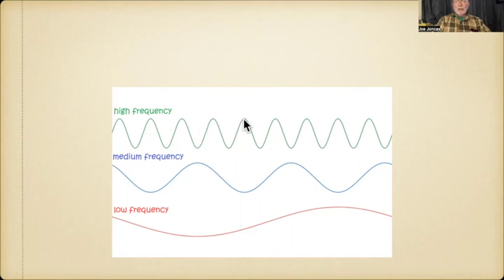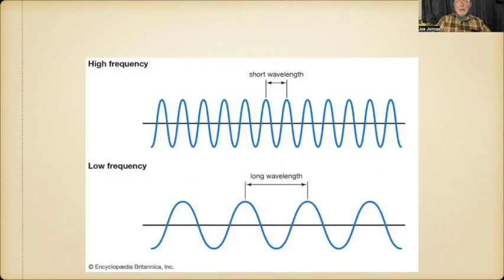And notice the time between each peak is much shorter than the medium frequency and much, much shorter than a very low frequency. So here we go again, short wavelength from peak to peak, and a long wavelength from peak to peak. High frequency, short wavelength, low frequency, long wavelength.